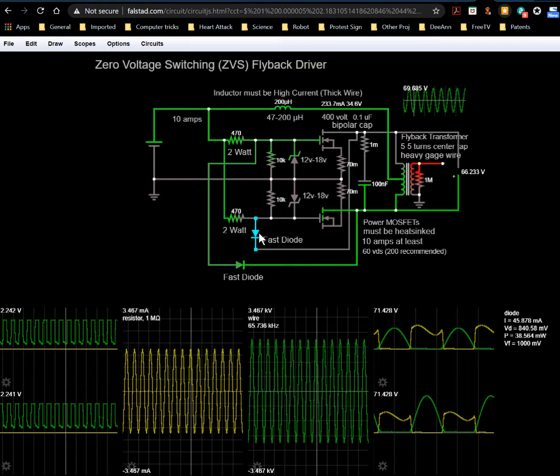The diodes make it so that if this is on, this voltage is low. Like you see here, it's 1.4 volts. And that makes current flow through this diode, keeping this relatively low at 2.3 volts. Whereas this diode is not conducting because it's at 67 volts there and at 12 volts over here.